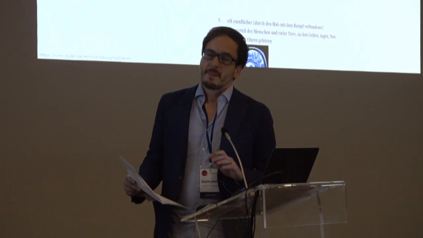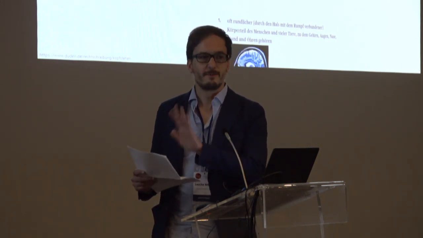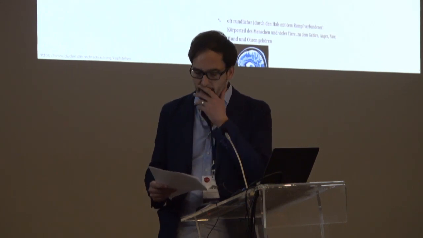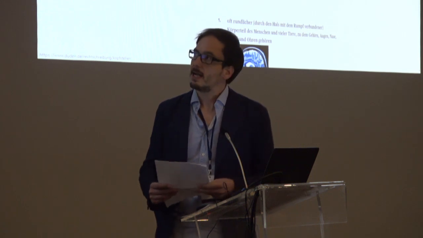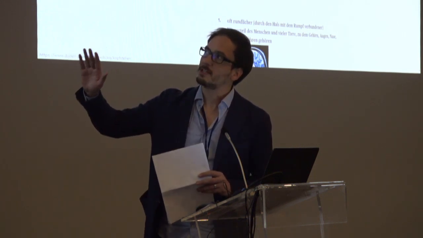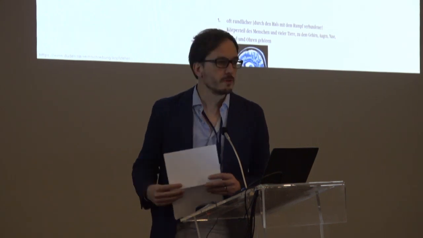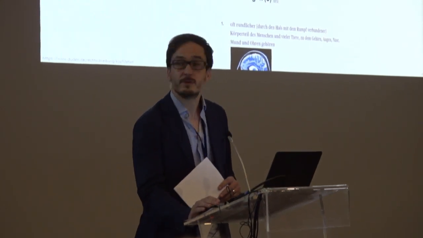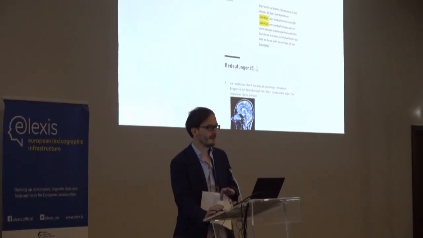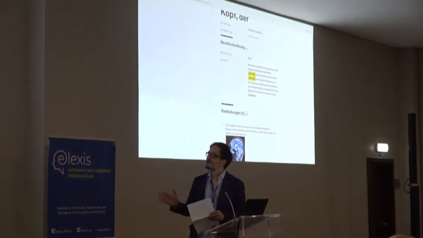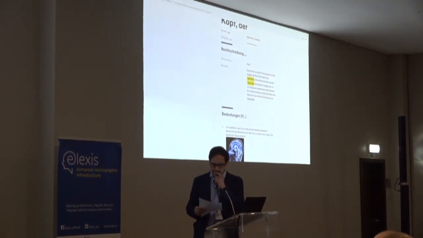So, as you might have already seen, this is a little bit of a different kind of presentation here. We are only using one article as an example, and this is the article of Der Kopf, the head, from the Duden website. It doesn't look like the Duden website because we stripped it of all the ads and all the boilerplate all around, but the typography and the structure is exactly the same as on the Duden website.